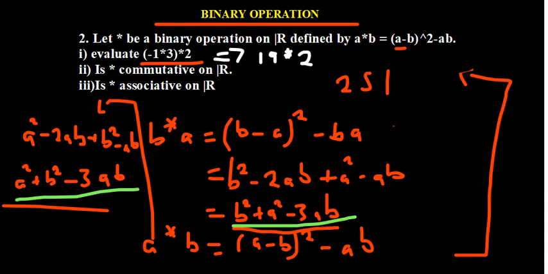We can therefore make a conclusion to say the binary operation is commutative on a set of real numbers. Because it doesn't matter which one you start with, you still get the same solution.